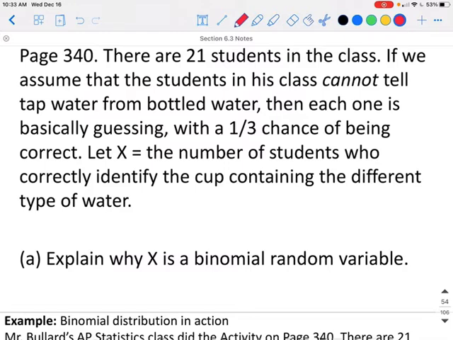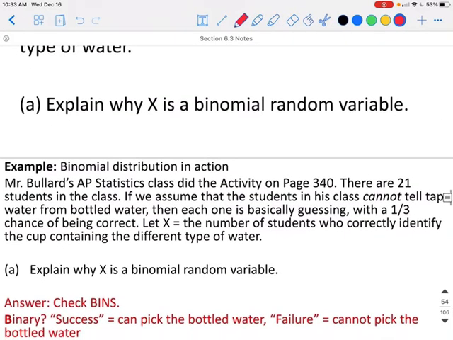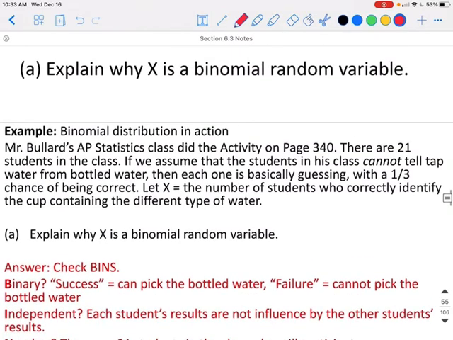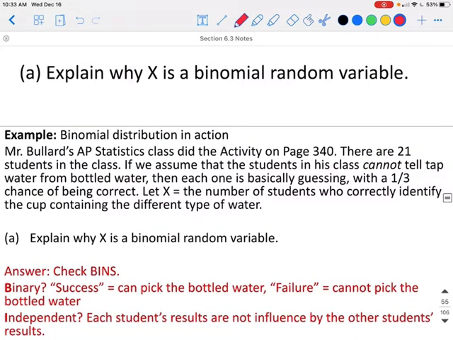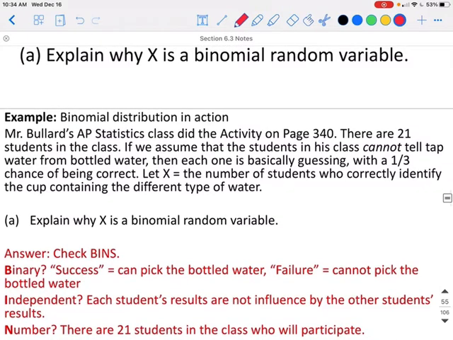Remember, to check if it's a binomial random variable, you are going to check the BINS. B is that it is binary. So a success would be picking the bottled water. A failure is not picking the bottled water. I is independent. Each student's results are not influenced by any other student's results, so they are independent. N is a set number of trials. Since we know there are 21 students in the class who are participating, the number of trials will be 21.